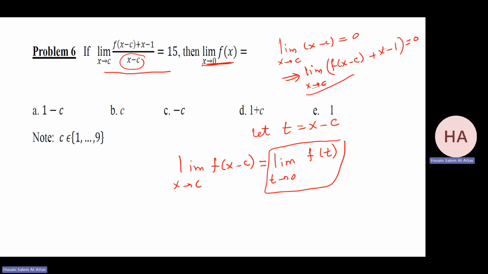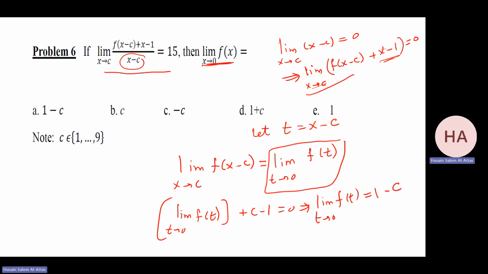The first one will be the limit as t goes to 0 of f of t. This you can always substitute, plus c minus 1 equals 0. So the limit of f of t as t goes to 0 equals 1 minus c, which is this.